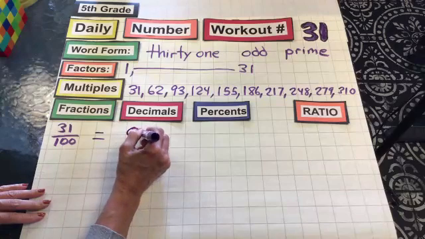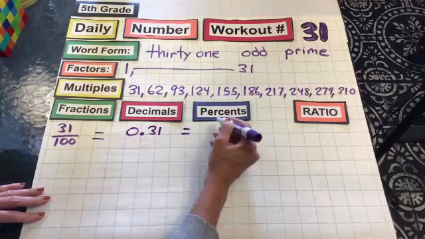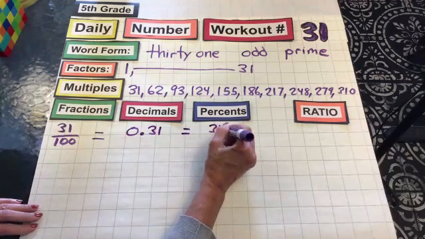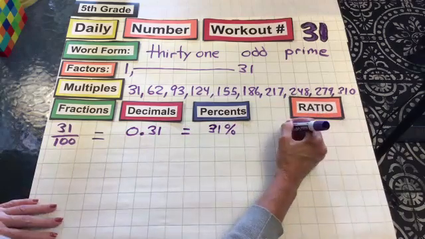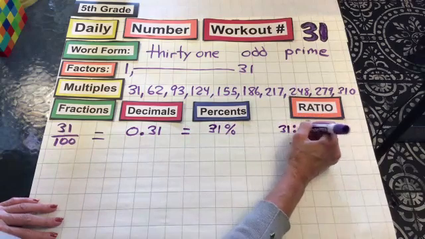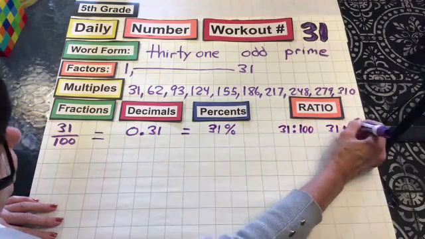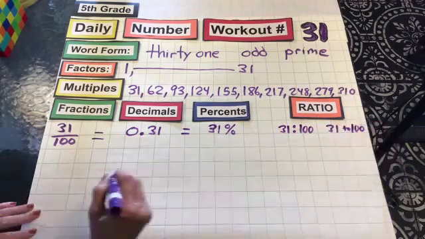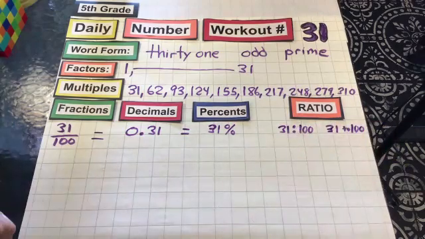So it's 0 and 31 hundredths. The percent that is equal to that is 31%. And if we go over here to the ratios, we'll be finding it as 31 colon 100 or 31 to 100, the way we would see it in statistics or research.